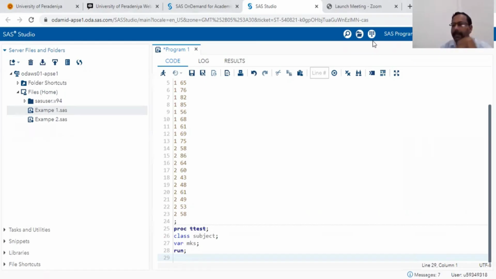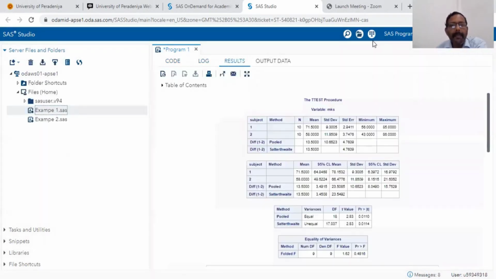Right. So we will run the program and see. So this is my output. We can look at different tests, we will come to that. The variable that we are analyzing is the marks.